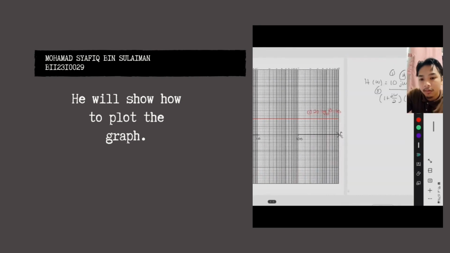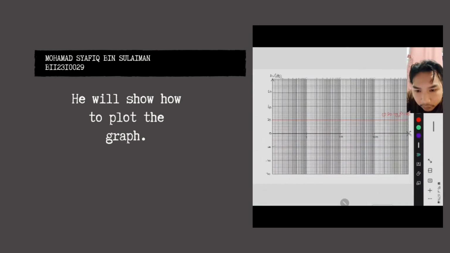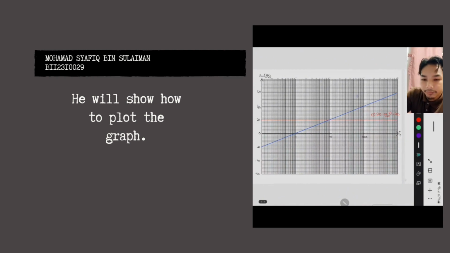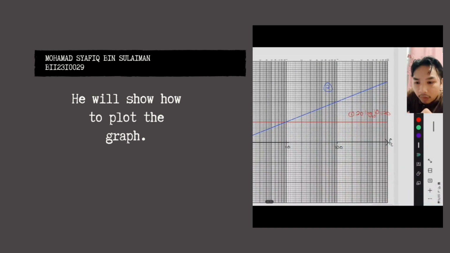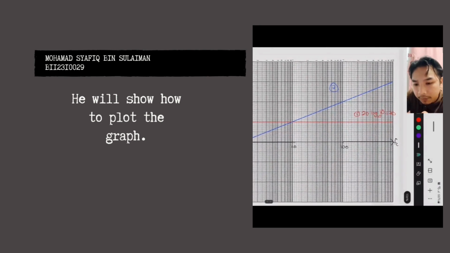The second graph is zero at origin. This is zero at origin with slope 20 dB.